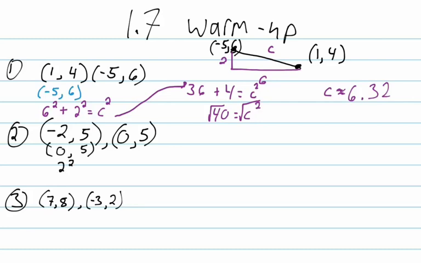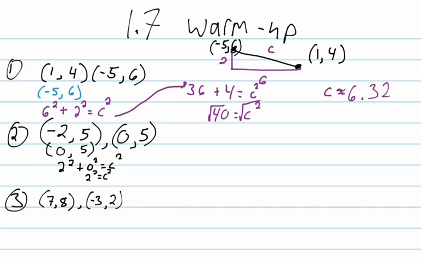So that's going to be 2 squared. Distance between 5 and 5 is 0, 0 squared, and that's going to equal the diagonal squared, which is what we want, c squared. 0 makes things disappear. It's magical. I'm going to get 2 squared equals c squared.